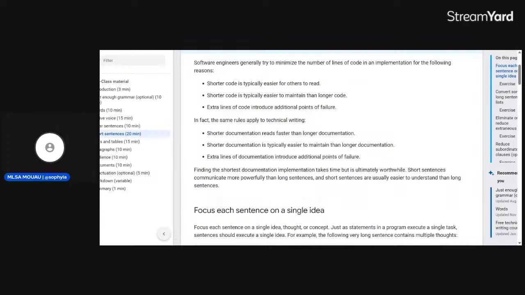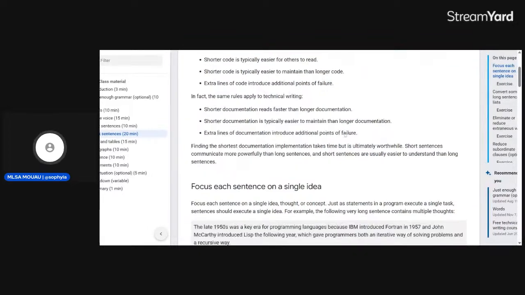It says shorter documentation reads faster than longer documentation, and that's true, because most times people don't have all the time in the world to spend on a particular article. So they would rather read something where they can get their answer very fast, than read one long piece and still be confused at the end of the day.